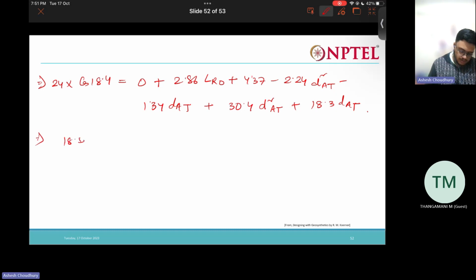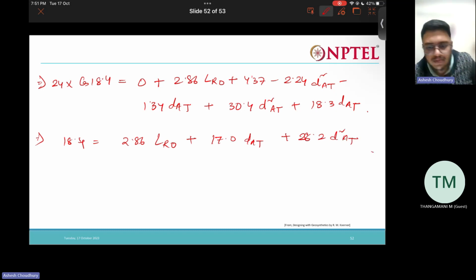So if we do this one, we will get 2.86 R naught plus 17.0 t is 2.28 square.